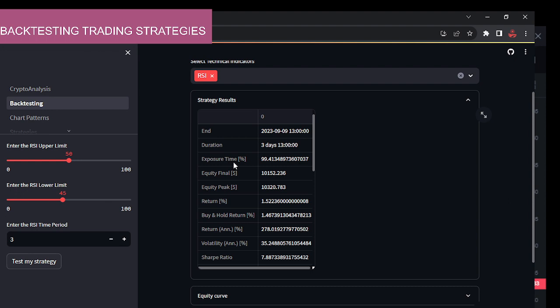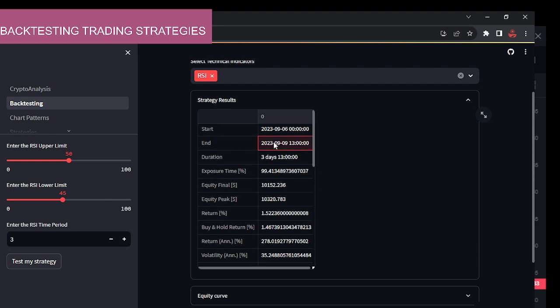Another parameter is the equity final. The equity final is what you have as your balance as of this particular end date, having traded your strategy.